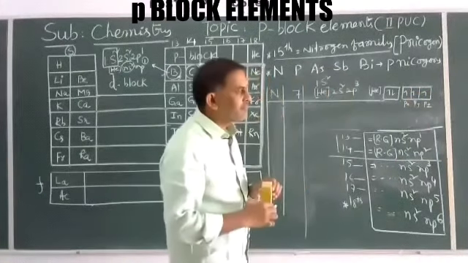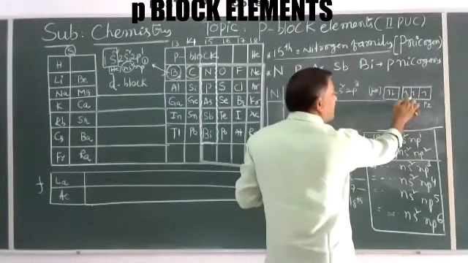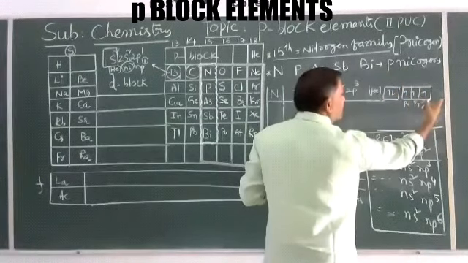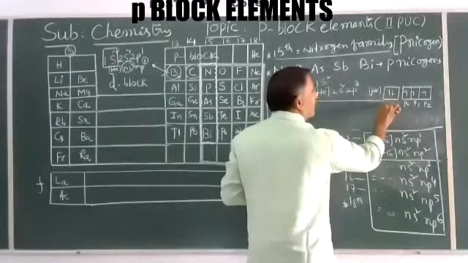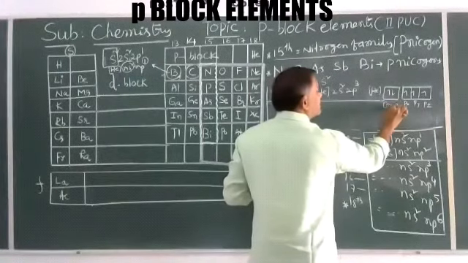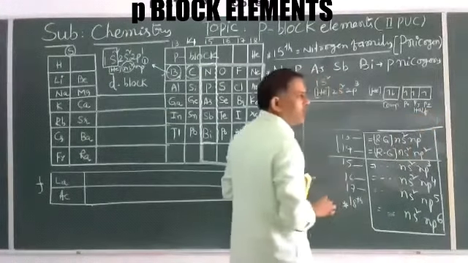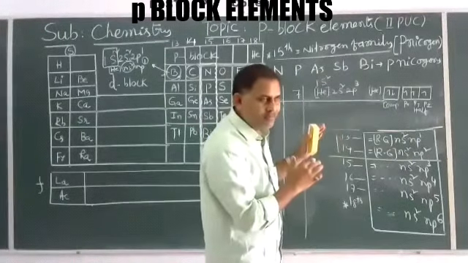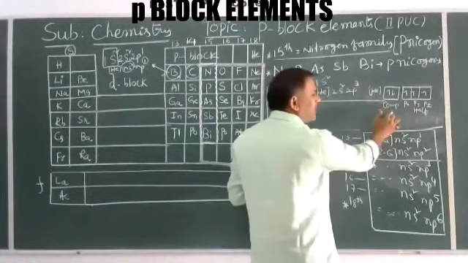Each degenerate orbital is filled with a single electron first, and any extra remaining electrons are paired up. That's why it is half filled. According to Hund's rule, half filled or completely filled orbitals are more stable.